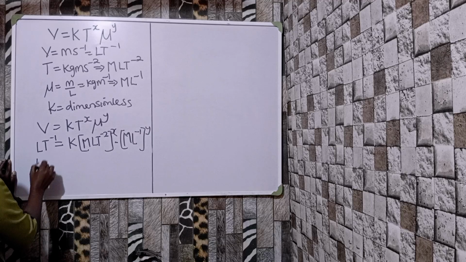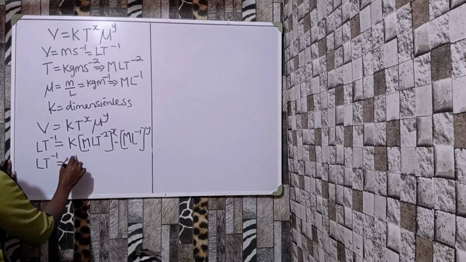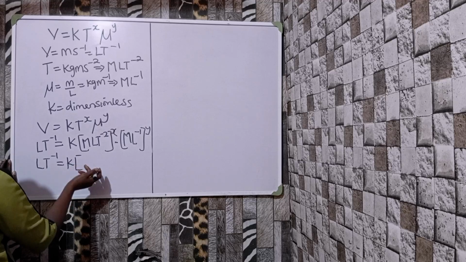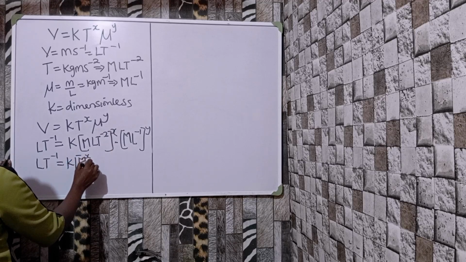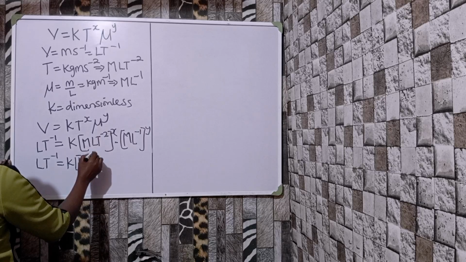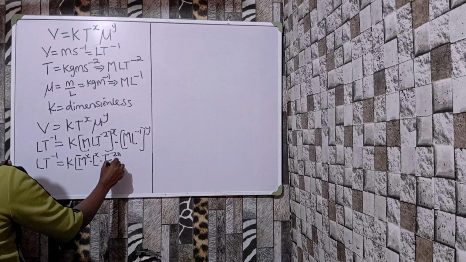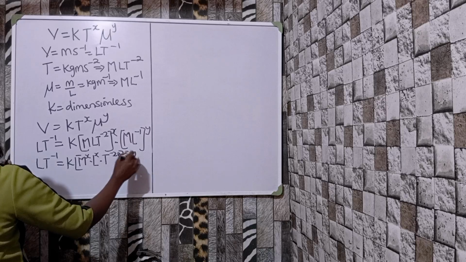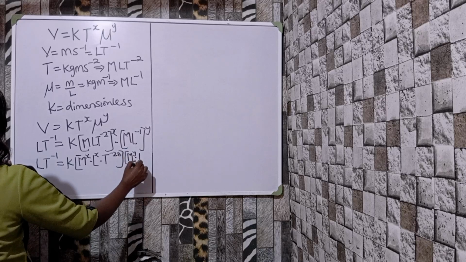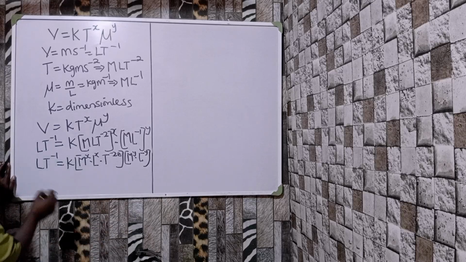I have LT^-1 is equal to k. I will have M^x L^x T^-2x, in bracket. Then this is M^y L^-y. Alright, let's open the bracket. What do we have?